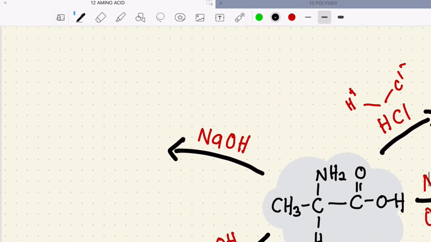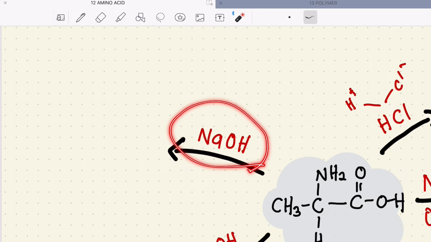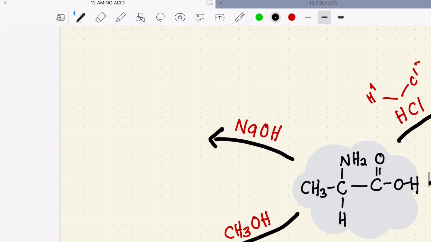Now the second reaction is when the amino acid reacts with NaOH. We know this is a base, so base of course will react with acid. What will be the reaction? This one is kind of straightforward. It's like the neutralization process.